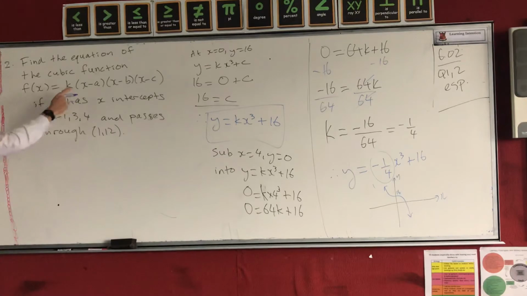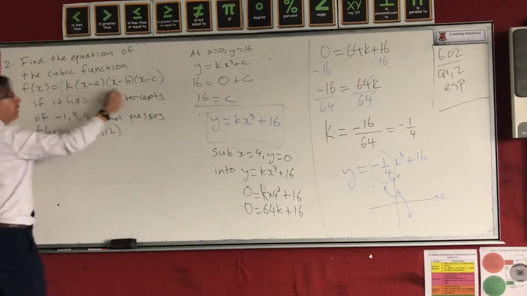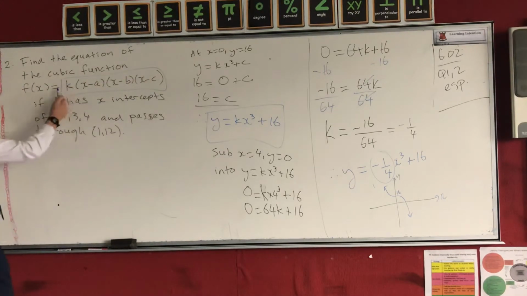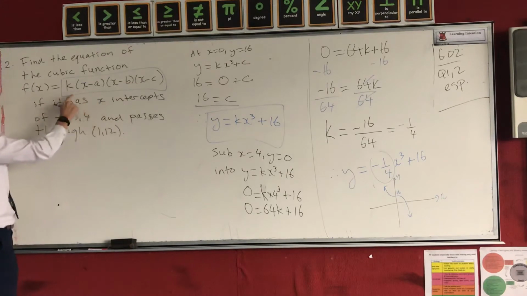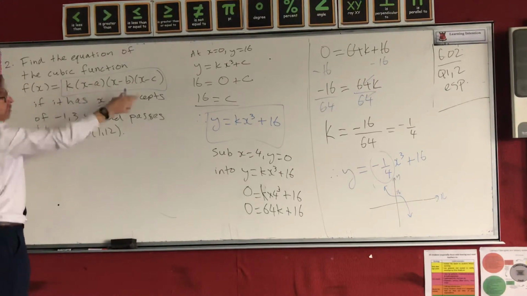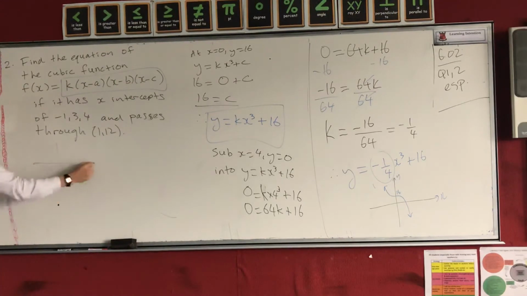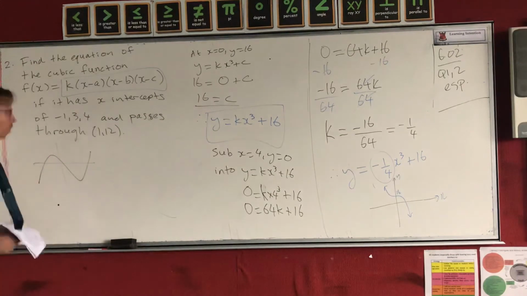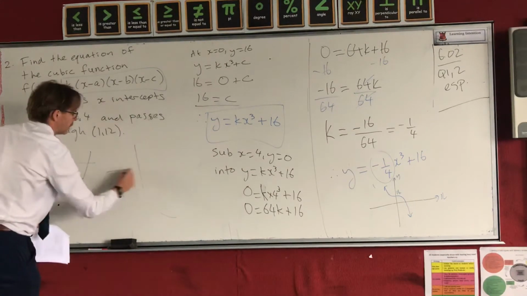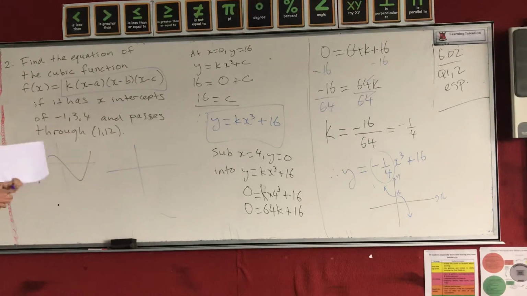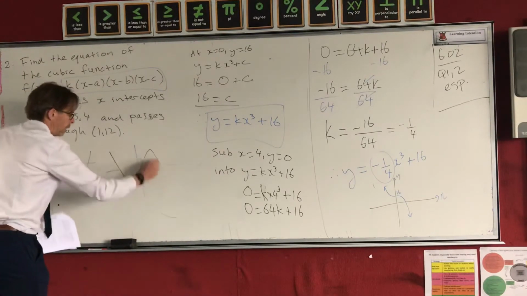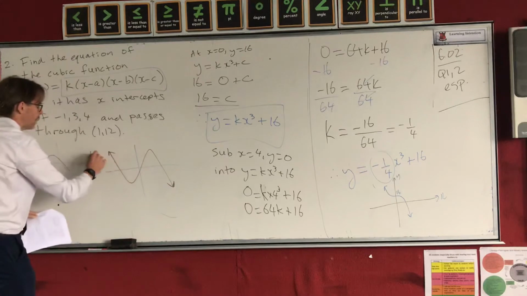Now, if you looked at the last lesson, we did look at this in a fair amount of detail. This is a cubic, and it has x-intercepts at A, B, and C. So here's your possibilities. You could have a cubic like this, or you could have a cubic like this, right?